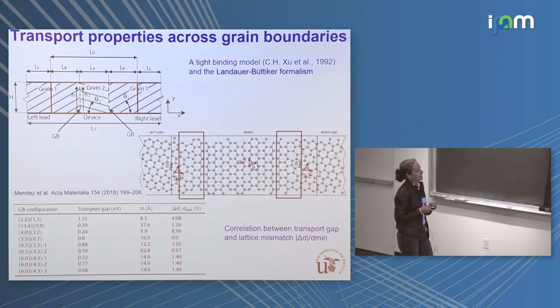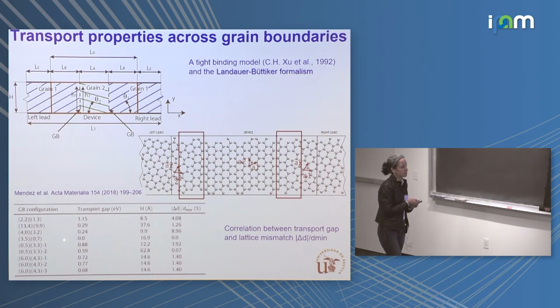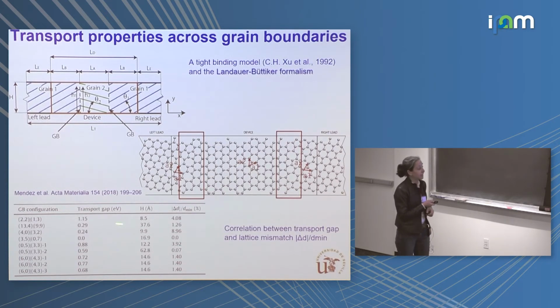So this is an example of what I was saying. And if you compare the transport gaps that you obtain, you see these differences. For different grain boundary configurations, some of them open a band gap and some of them don't, and the gaps that they open are different.